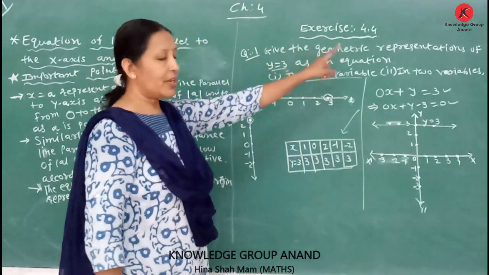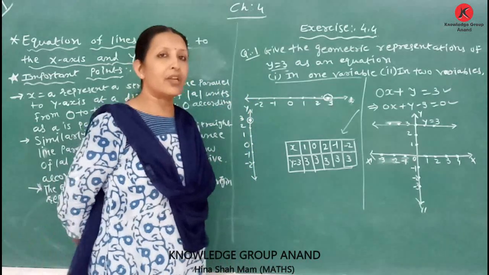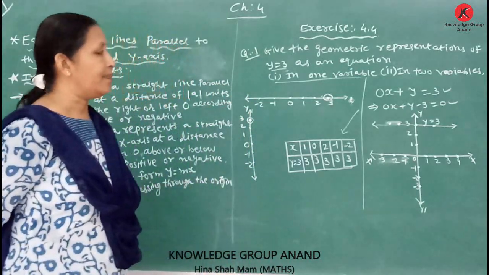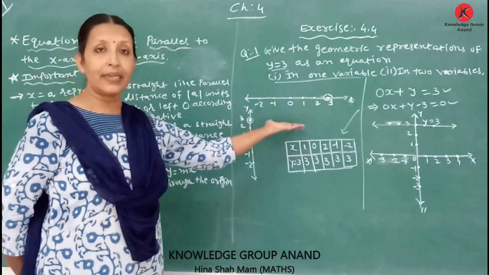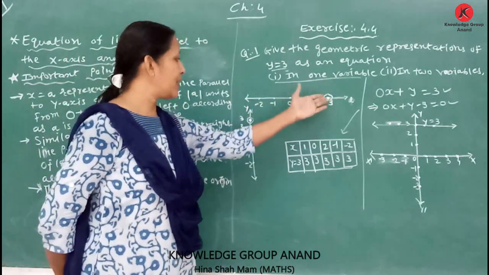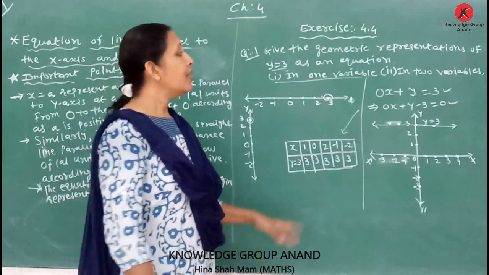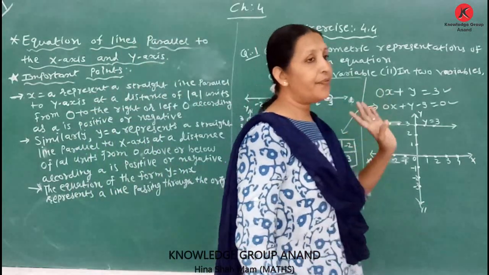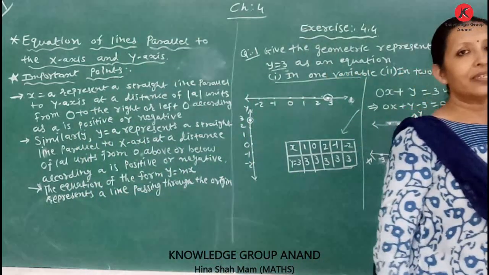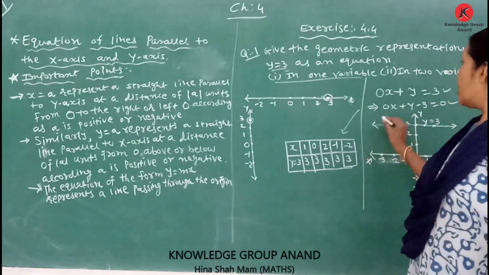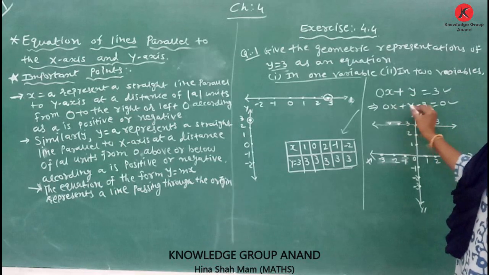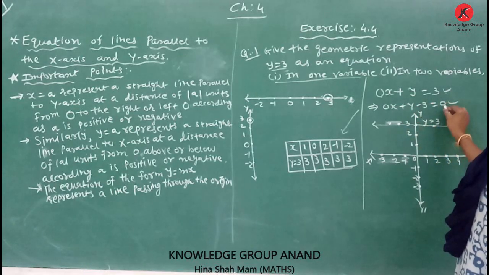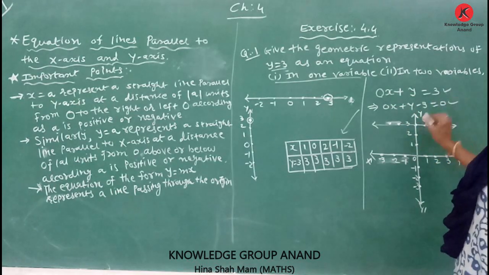Again, give the geometric representation of the equation y is equal to 3. In one variable, y is equal to 3, we mark 3 on the number line. In two variables, we first write 0x plus y is equal to 3, or 0x plus y minus 3 is equal to 0 in standard form.